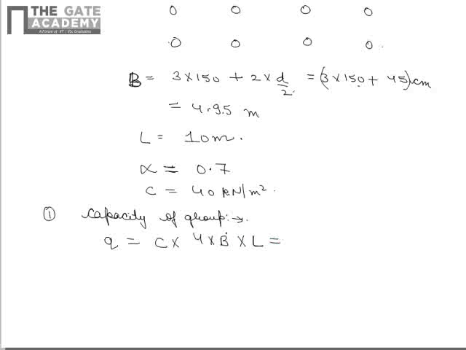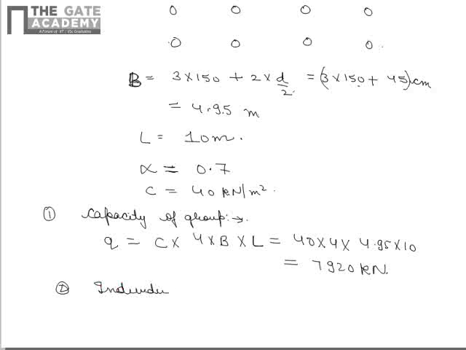So this is equal to C, given as 40, into 4 into B, which is 4.95, into length of pile, which is 10. So it comes out to be 7920 kilonewton.